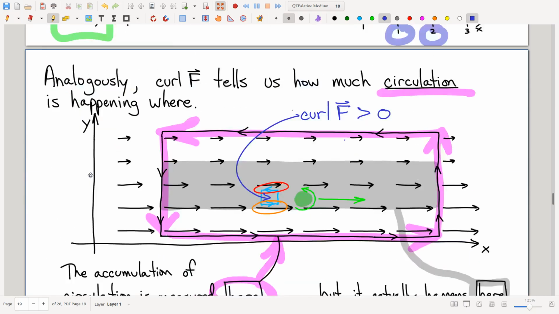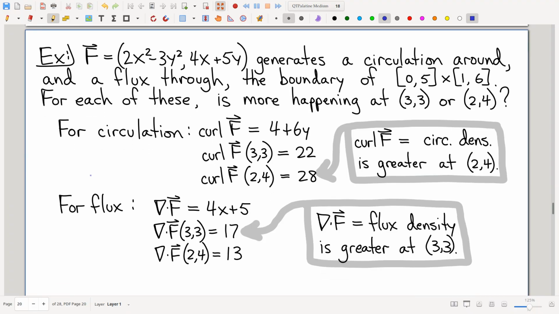And in a totally analogous way, now here's a wacky vector field and some curve. We've got a curve that's the boundary of this rectangle. The specifics here don't really matter that much. But we've got a vector field, and we can talk about its circulation, and we can talk about its flux, right?